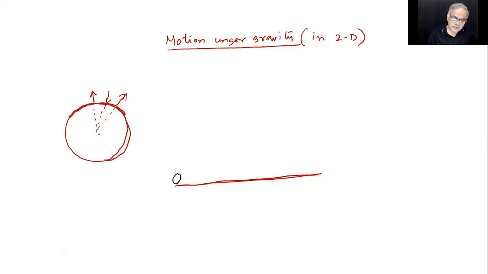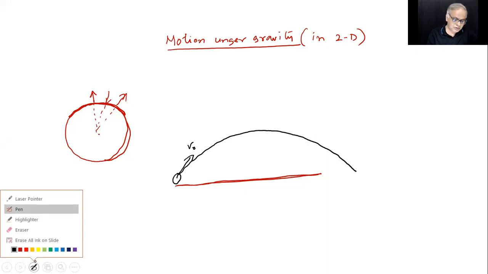If I throw a body this way with v0 initial speed, in the absence of gravity, it would go like that only. But gravity is there, or acceleration due to gravity is there in kinematical terms, or force of gravity is there in dynamic terms. So it will be following some kind of a path like this and falls. Do you follow that?